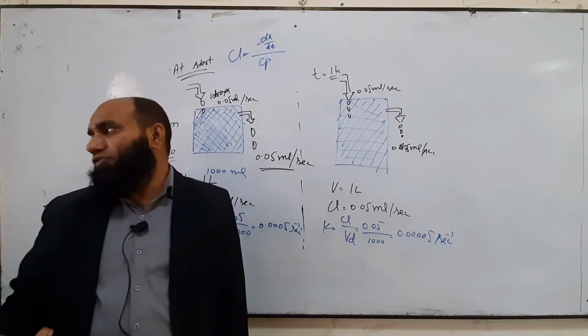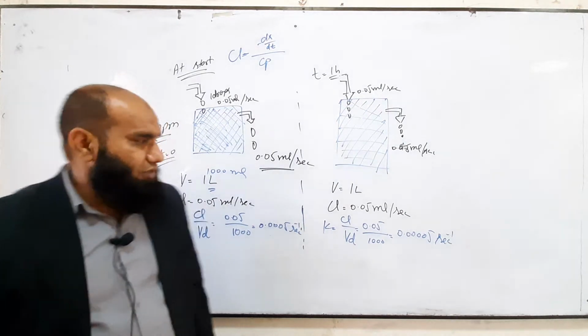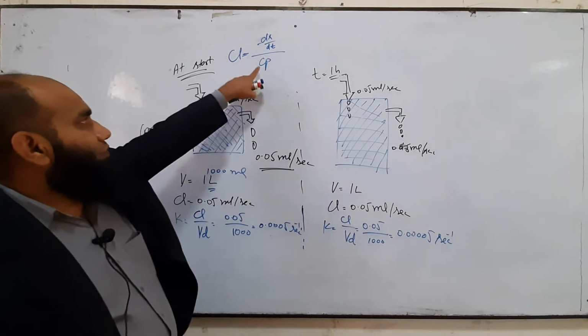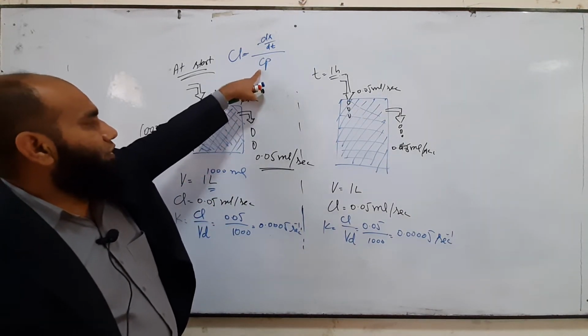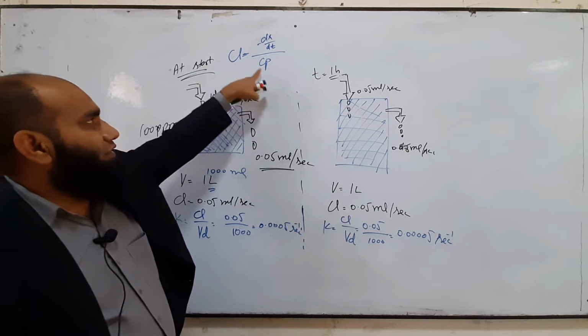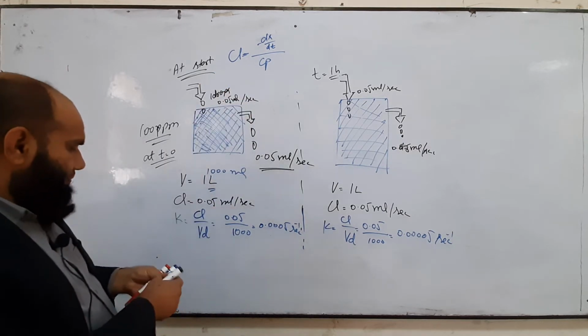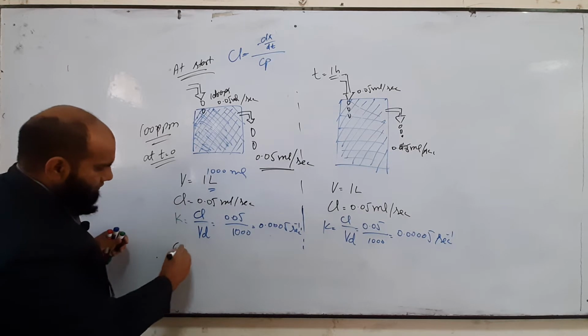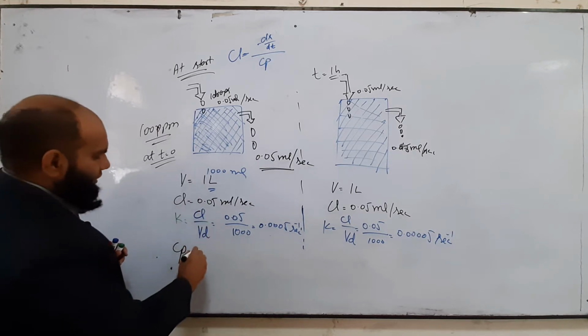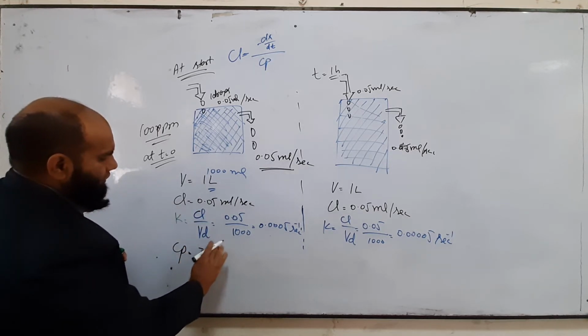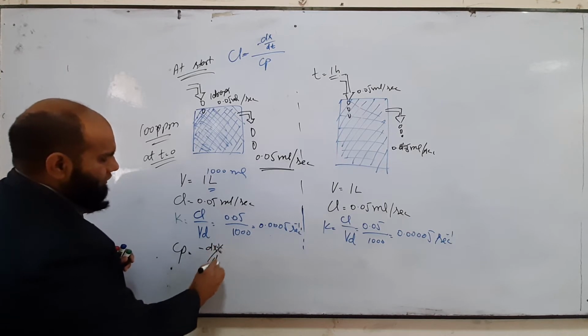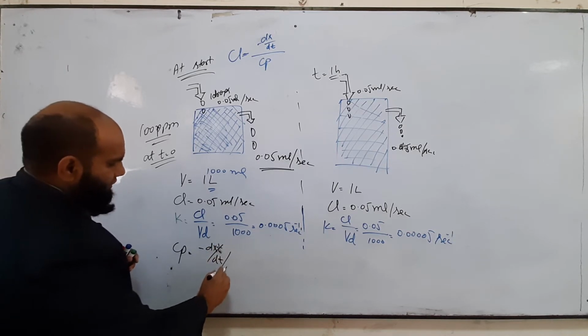So what is the difference? According to this formula, when we want to calculate Cp, Cp is equal to minus dx over dt over clearance.